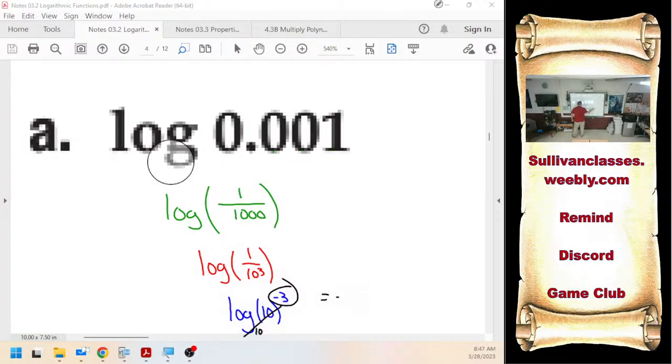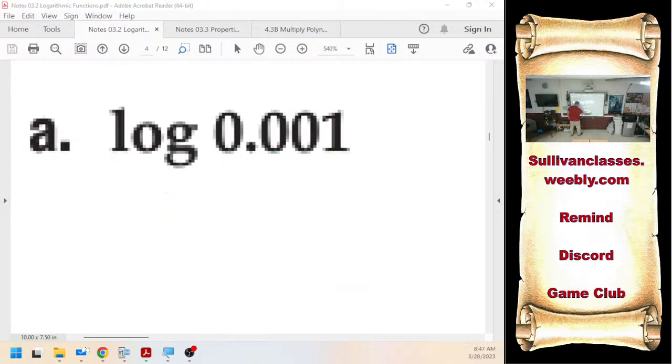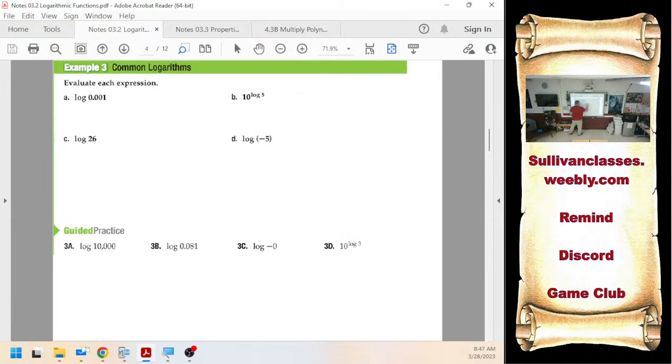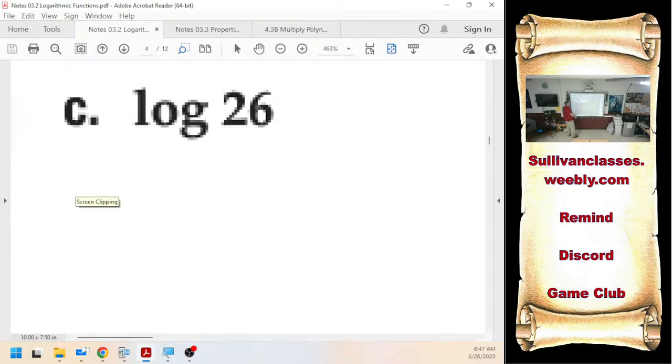So, log of 26. Can I repeatedly multiply together tens to make 26? It's going to be some funky decimal, so grab your calculator and press the button. Oh, my calculator's on the other screen.